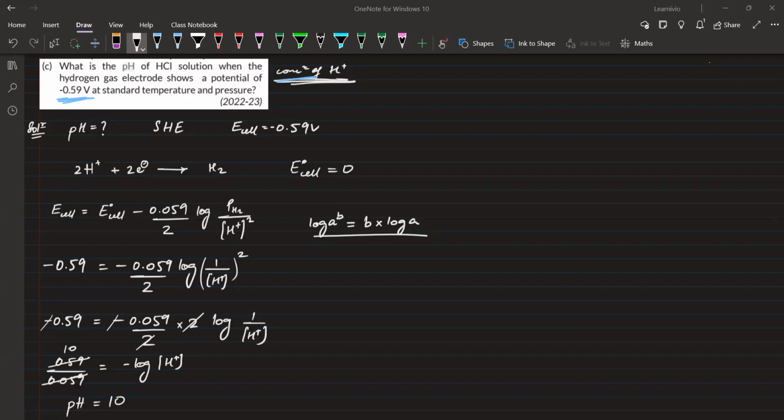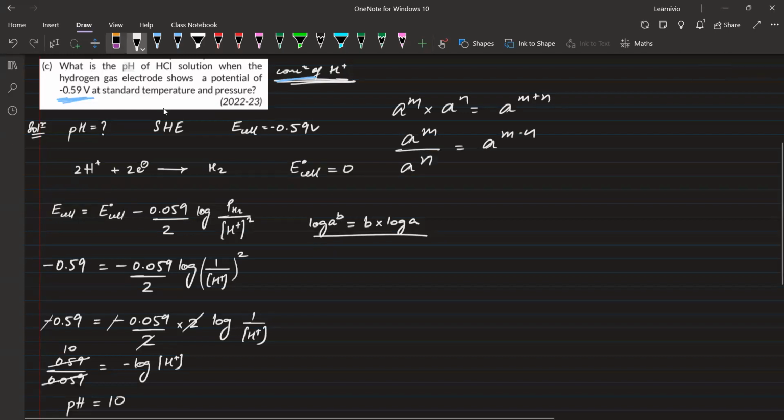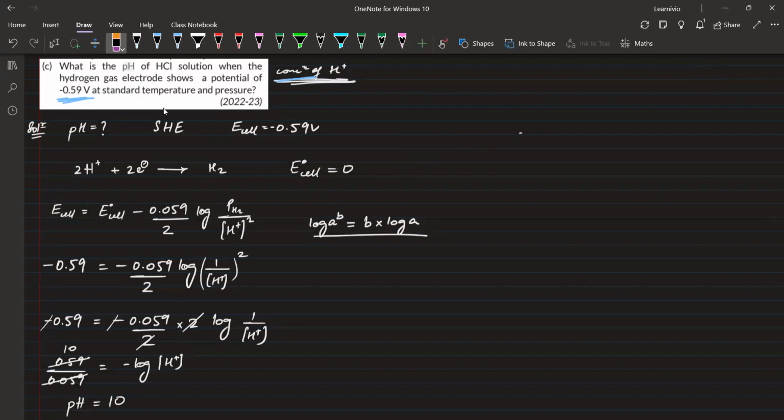What I'm expecting from you guys is you should know that a to the power m into a to the power n is equal to a to the power m plus n. ऐसी चीजें अगर आपको पता है, similarly if you know a to the power m divided by a to the power n is equal to a to the power m minus n. If you know these things, then you are old enough and your mind is mature enough to understand what is log. Okay, so don't worry about log too much. I'm waiting for Soha and Yahya.